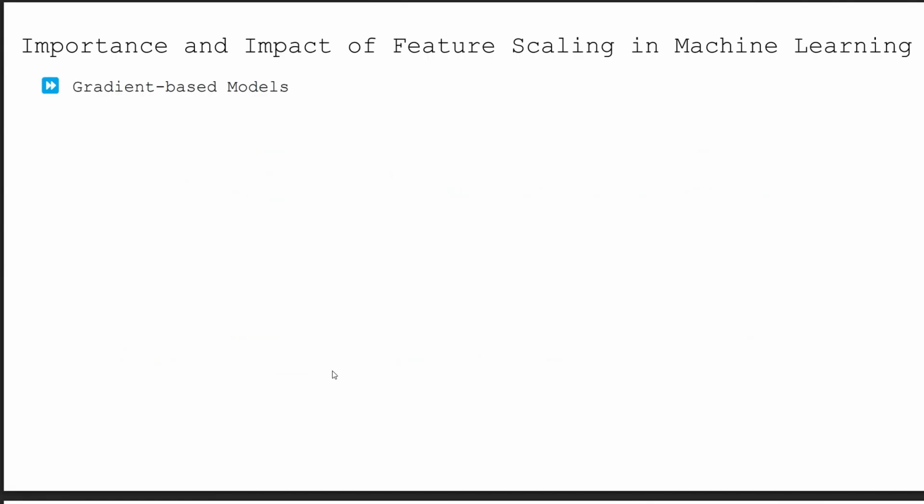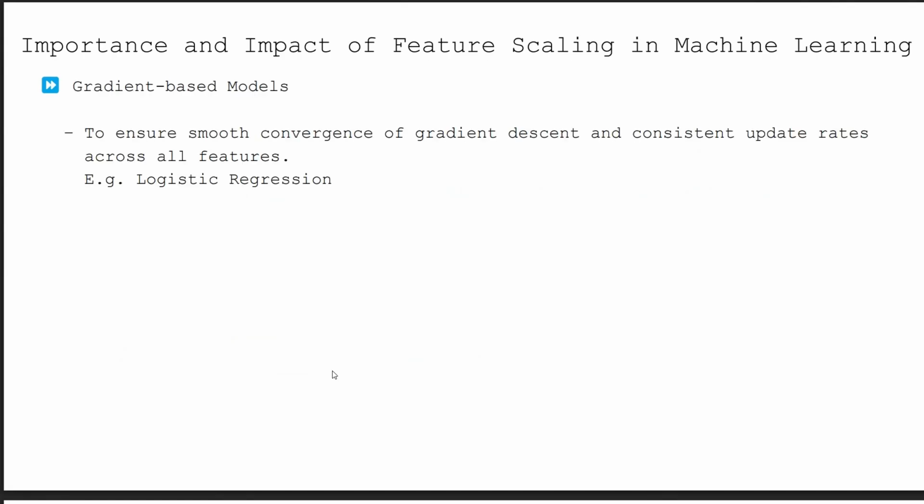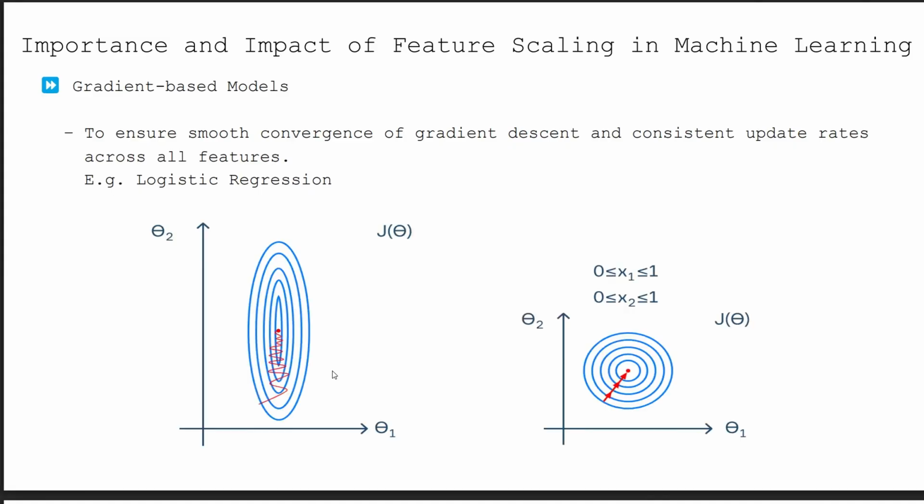Now let's come to the gradient-based models. To ensure a smooth convergence, to lead to the global optima, and to converge faster, we have to do feature scaling. Look at this image: in the first image on the left side, the features are not on the same scale.